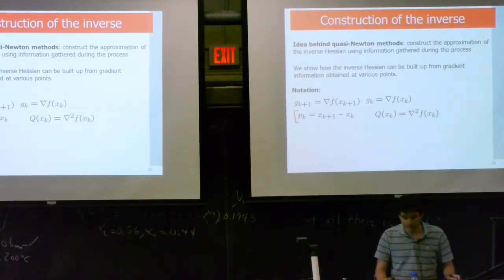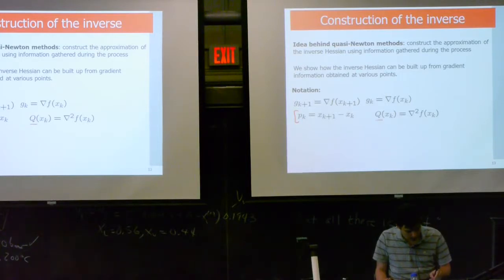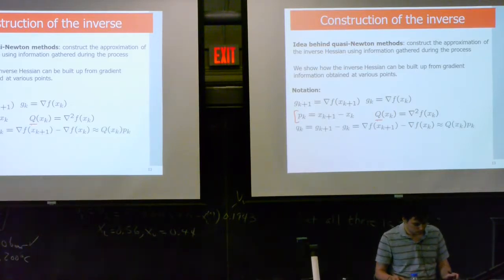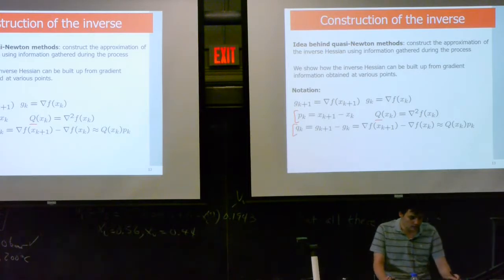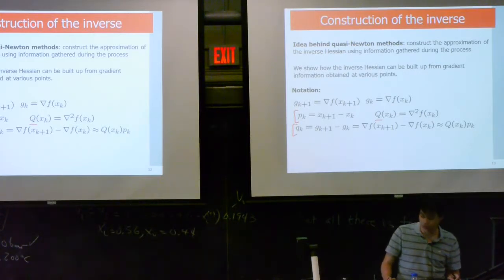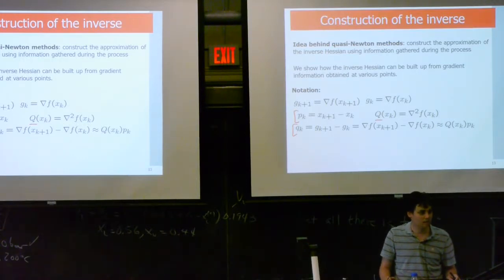I will just keep using notation Q for the Hessian, so it's the second derivative at x_k. And we will need another notation, that's q_k, which is how much the gradient changes. So what's the difference between the gradient at x_{k+1} and x_k?